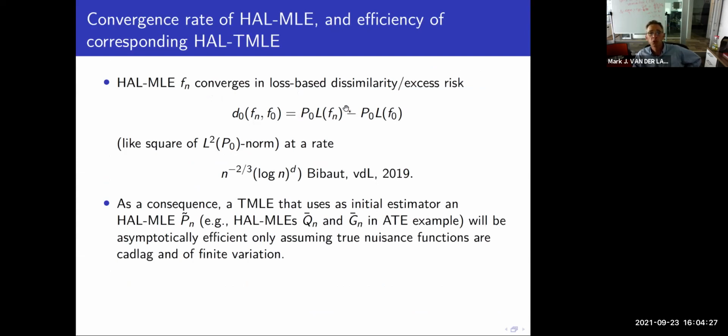So it's like an L2 norm squared. This is what we call the loss-based dissimilarity or risk-based dissimilarity. And you can establish a rate of convergence, and we have proven that it converges at rate n to the minus 2/3 up to log n factors, which is remarkable because it's almost dimension-free. So whatever the dimension is, the rate is n to the minus 2/3 up to a few log n factors.